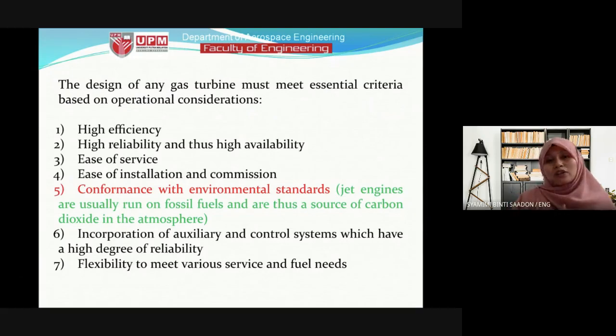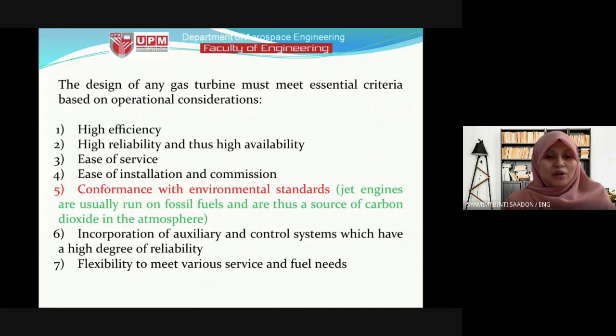Because in aerothermodynamics or thermodynamics in general, you have learned about thermal efficiency, system efficiency, mechanical efficiency, etc. But for aircraft engine, there is another type of efficiency that is more important.